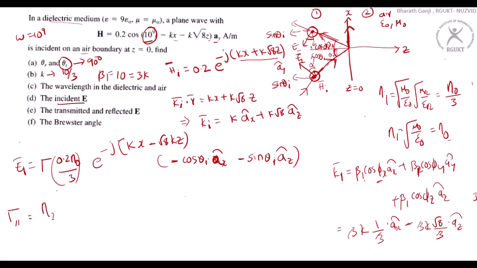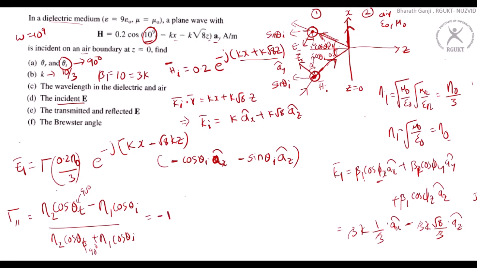So the answer becomes eta 2 cos theta t minus eta 1 cos theta I, divided by eta 2 cos theta t plus eta 1 cos theta I. When I put theta t as 90 degrees, these values go to 0, and I am left with minus cos theta I by cos theta I, which is nothing but minus 1.